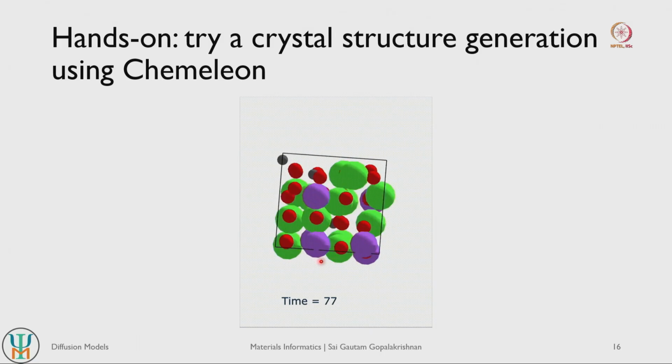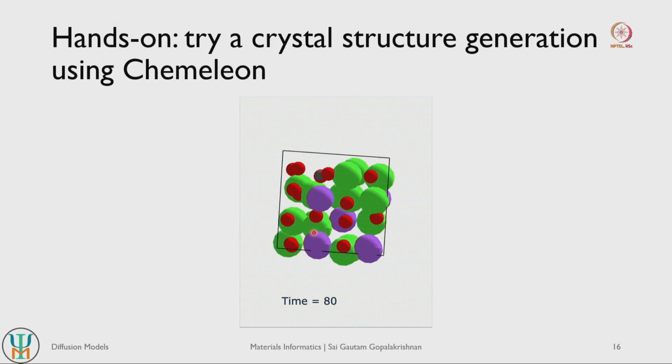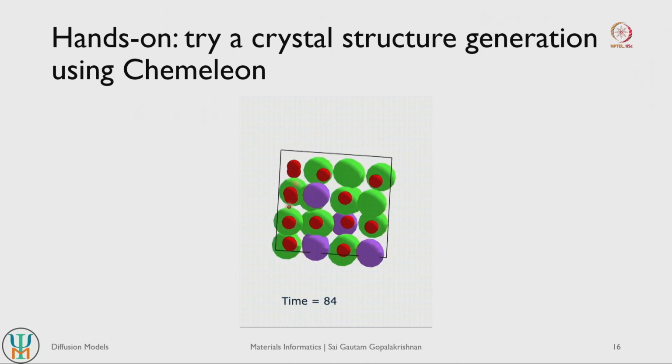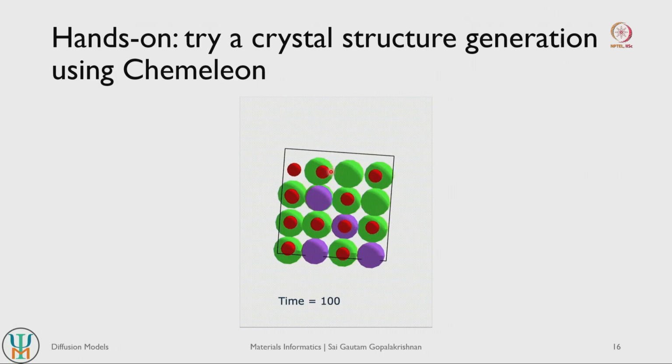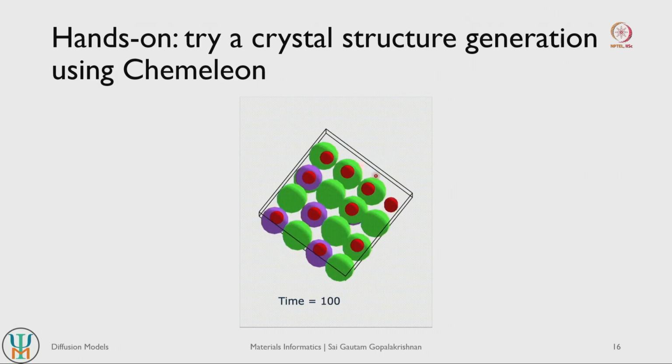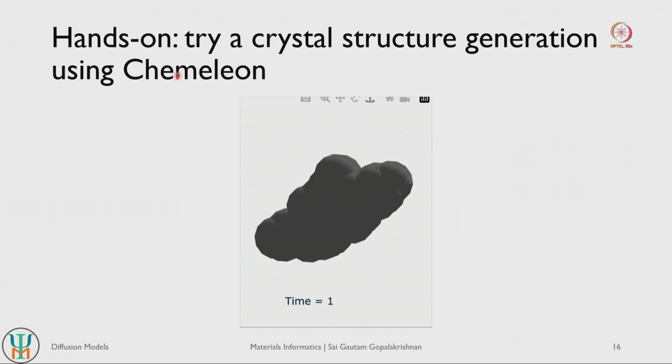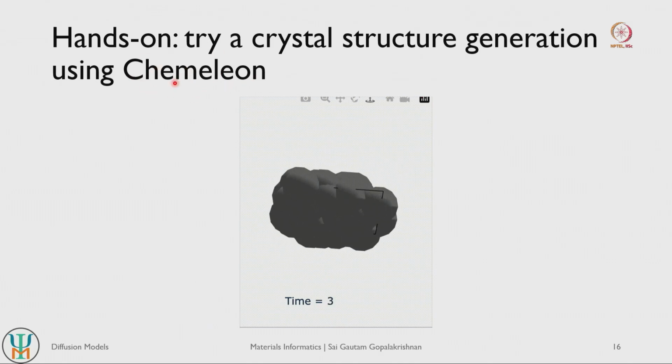The model also changes the box dimensions, so that also gets changed with time, and you see that slowly it is equilibrating, and all of the grey circles are now eliminated. So it is just nudging the existing atoms in the right direction, and then it has completed its generation process at the 100th time step here, right. So we will try out a simple crystal structure generation process using the Chameleon model in our hands-on session.